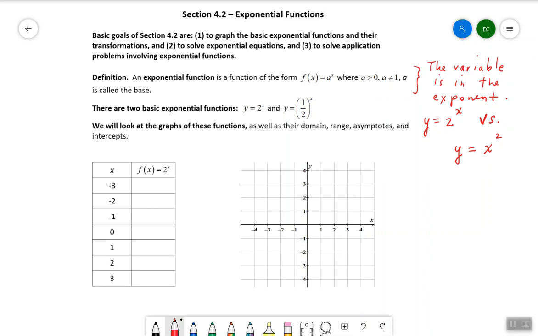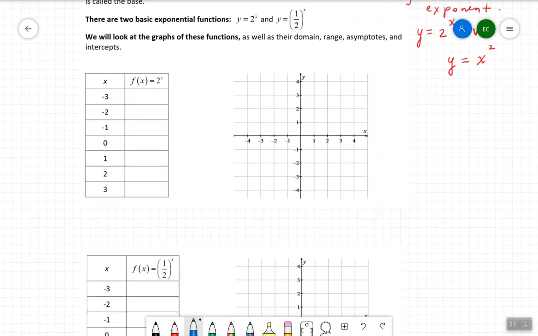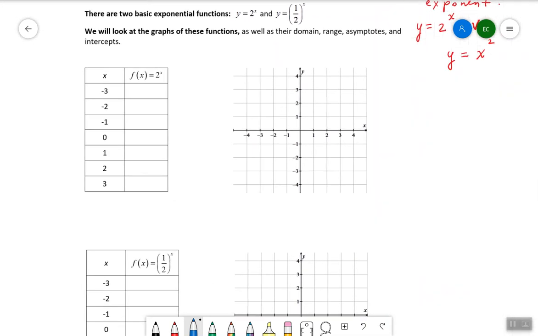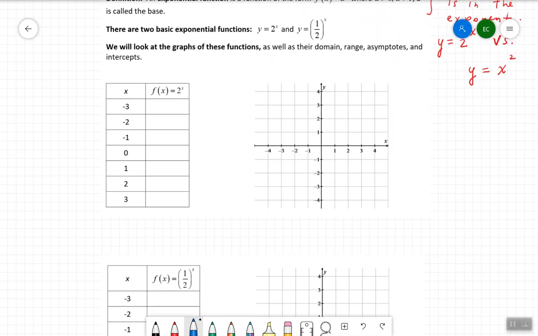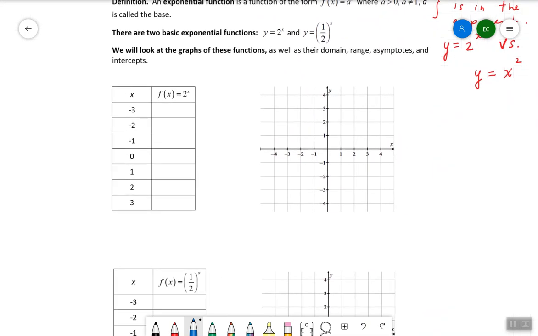And so to begin, let's just go ahead and make a table and a graph for y equals 2 to the x. So we need to be pretty good with properties of exponents, and so we'll try to highlight those as we go along as well. So let's see here. If we have 2 to the negative 3, we need a property of exponents right off the bat to deal with that.